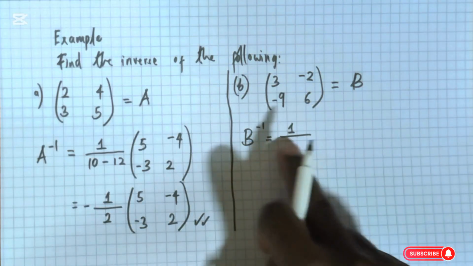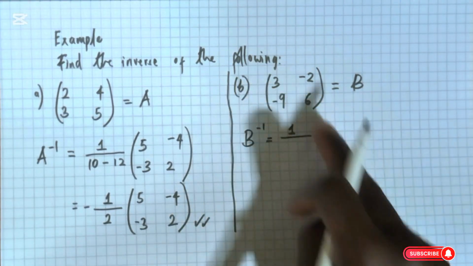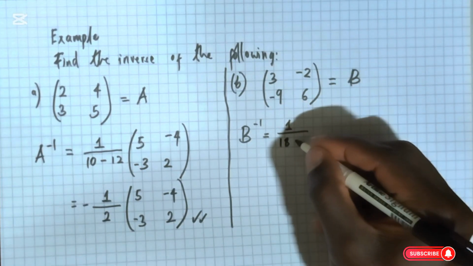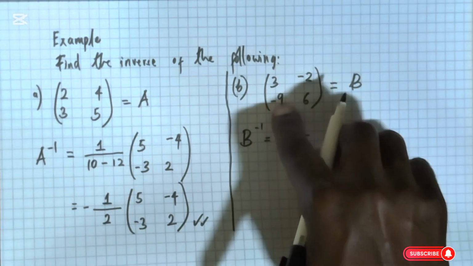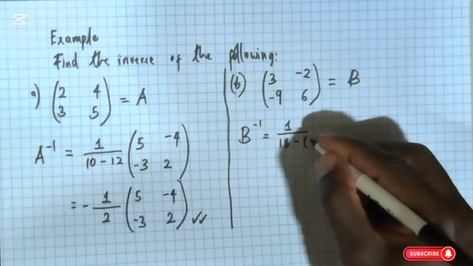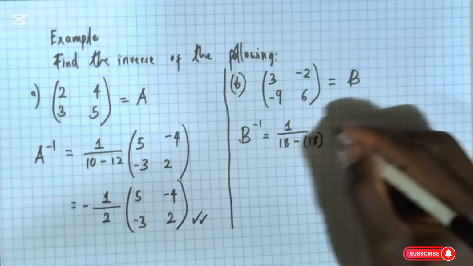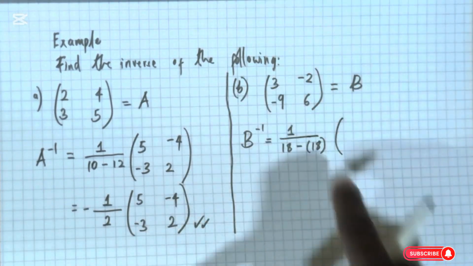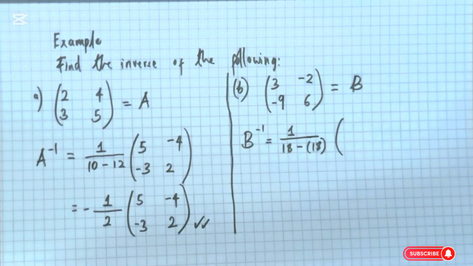So that's going to be 1 all over 3 times 6, that is 18, minus -9 times -2, that is going to be 18 as well. Then we go ahead and interchange the elements in the main diagonal.